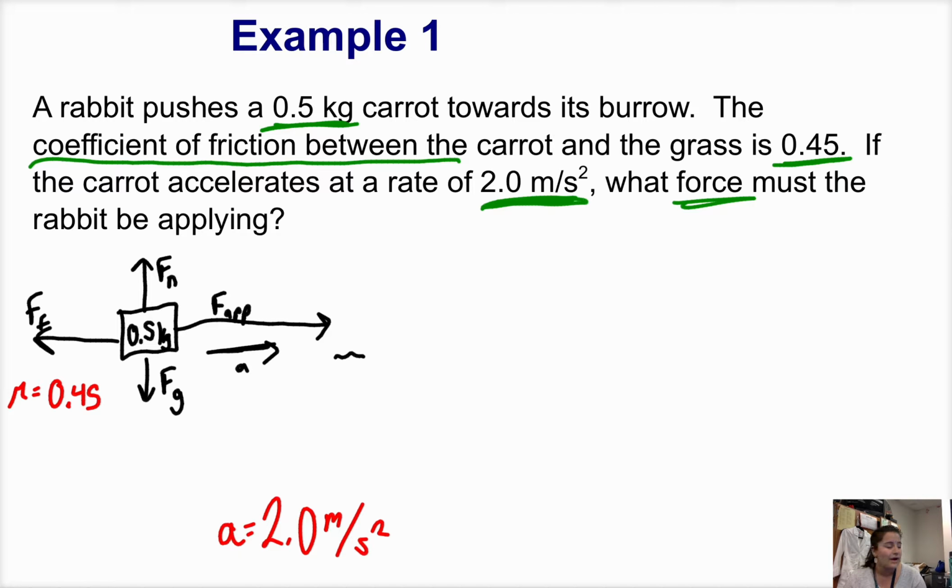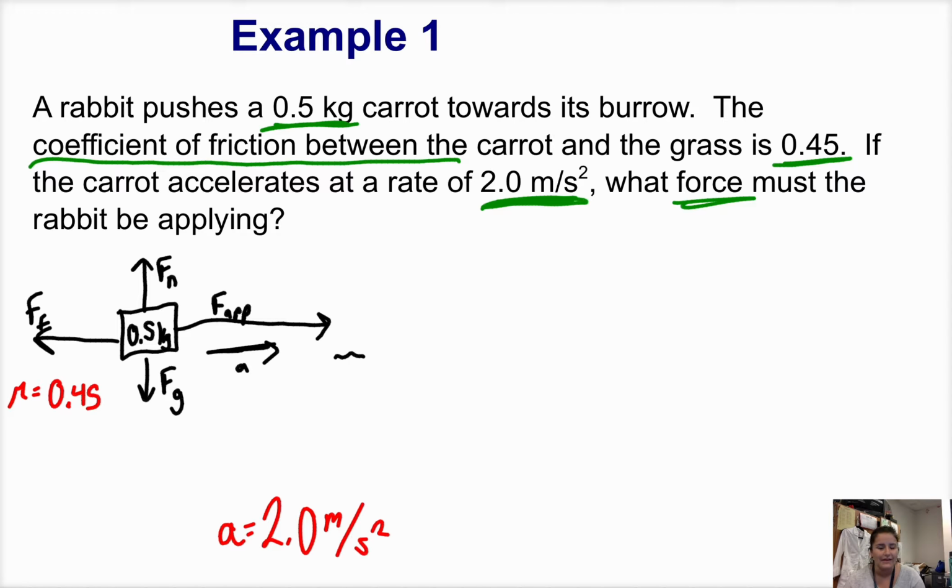So let's do some math and figure out some things. Right now, I can use my acceleration to find my net force because the net force is what's causing the acceleration. So my equation is net force equals mass times acceleration. My mass is 0.5 kilograms. My acceleration is 2.0 meters per second squared.